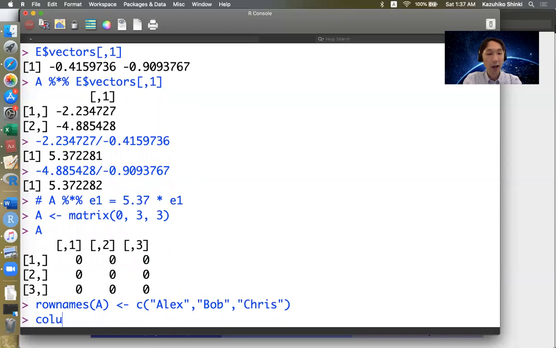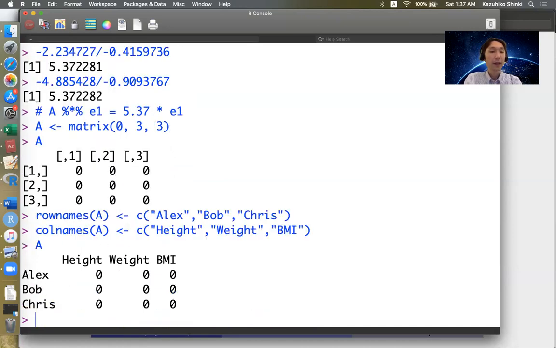And also the column names, which are defined by the colnames function. You can, for example, put height and weight and BMI. Then A becomes this. This is convenient when you want to see what it means.